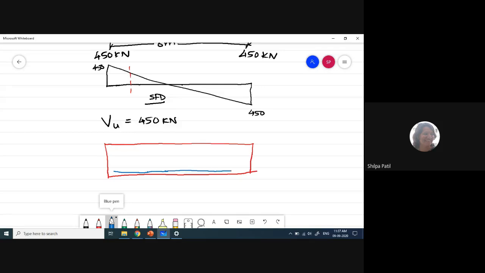And the stirrups we can show in this fashion. This is my first vertical stirrup, then the second, then the third, like that. To support the top stirrup, we have to provide the top reinforcement also. We always provide a minimum reinforcement in the compression zone.